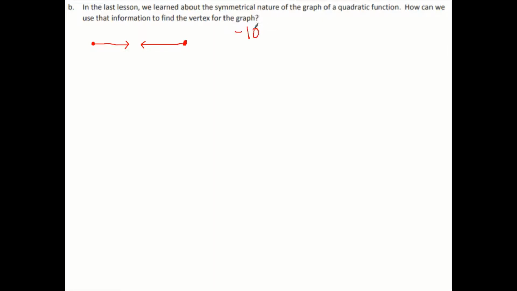Negative 10 and 4. I'm going to do this the long way just to show it off. Negative 9 and 3, negative 8 and 2, negative 7 and 1, negative 6 and 0, negative 5 and negative 1, negative 4 and negative 2, and then we meet up in the middle here at negative 3.